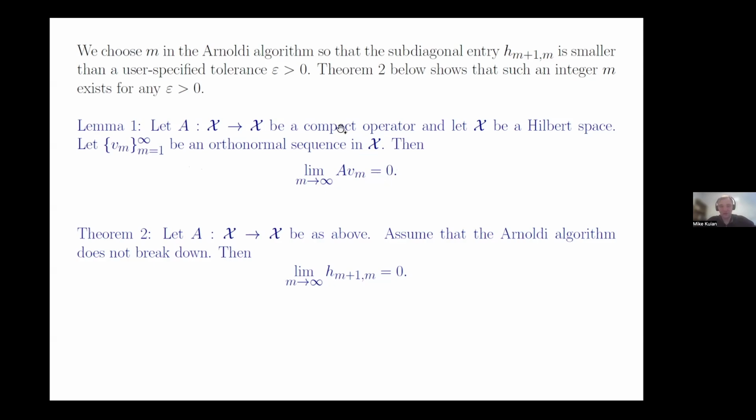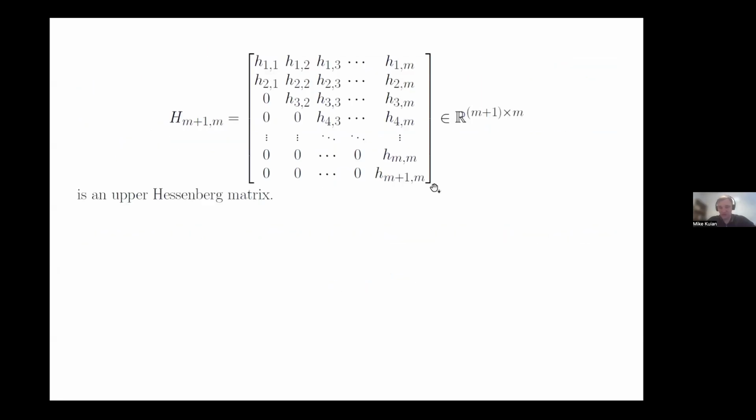Based on this lemma, we can prove theorem number 2. If we apply the Arnoldi algorithm and it does not break down, for an infinitely dimensional operator, the limit of the element h m plus first, m converges to 0. This is guaranteed by theorem number 2.